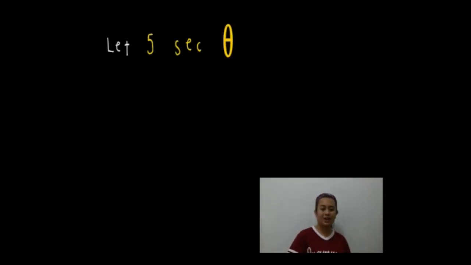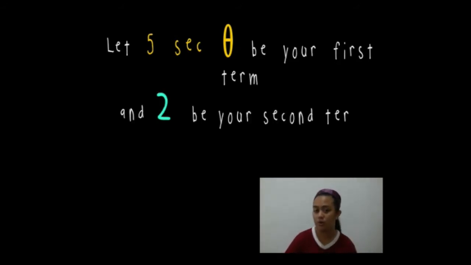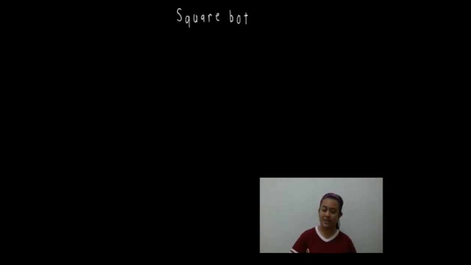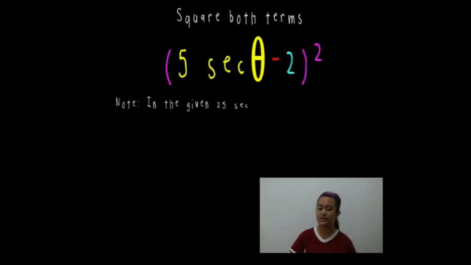After we've extracted the square root of the first and last term, we shall now proceed to the third step. We'll let the extracted square roots be the first term and the last term of our factored form. So we put them in the parentheses and we square them. But how do we know which sign to use? Simple.